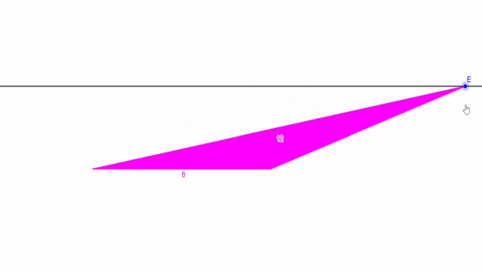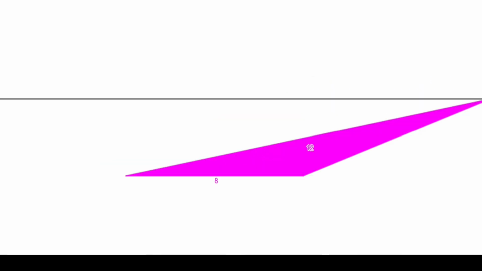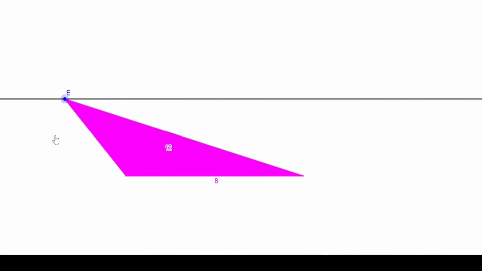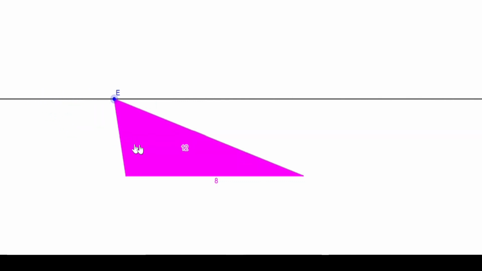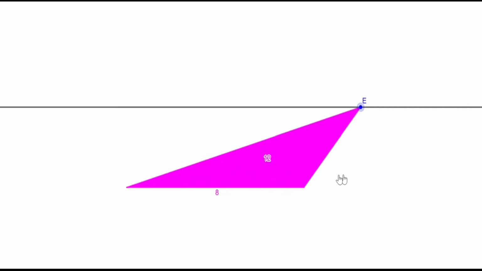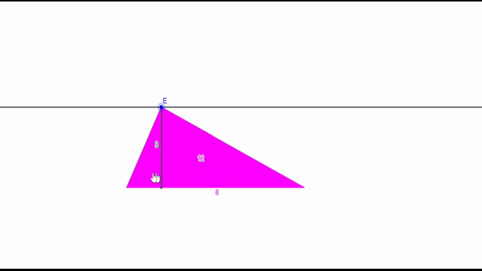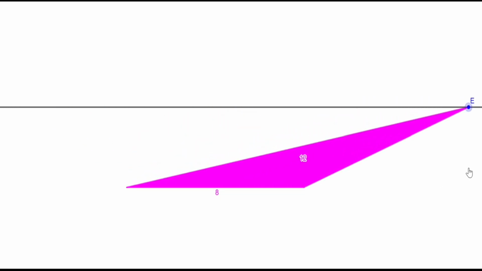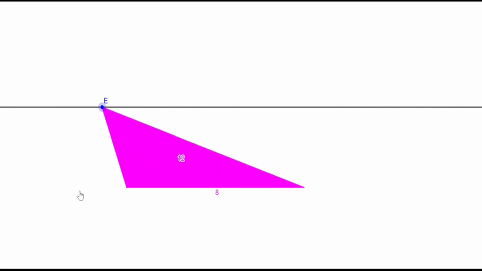It is on the same line. In all these cases, the base remains unchanged and you can see the area is also remains unchanged. And you can draw a lot of triangles like this with same area and same height.